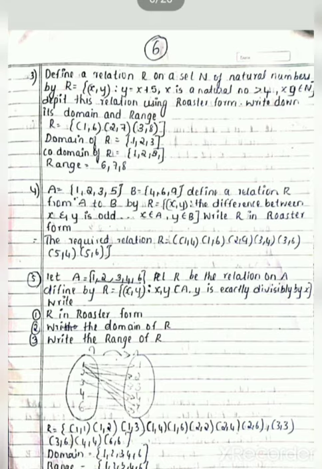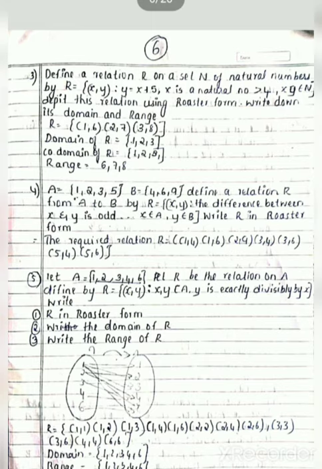So, now the natural numbers less than 4, what are they? 1, 2 and 3. The relation is y is equal to x plus 5.